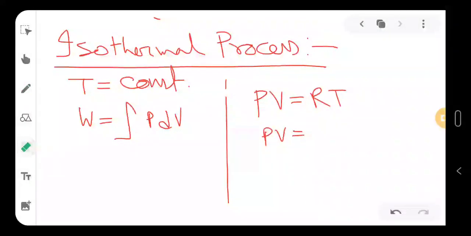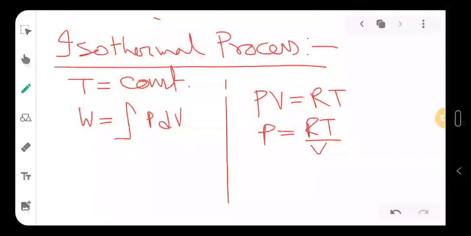P is pressure, V is the volume, R is the universal gas constant, and T is the temperature. From Boyle's and Charles' laws, we can reach this conclusion. So from this, I can always write P = RT/V.